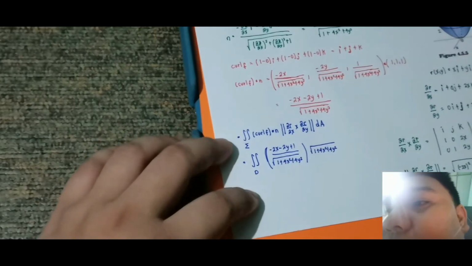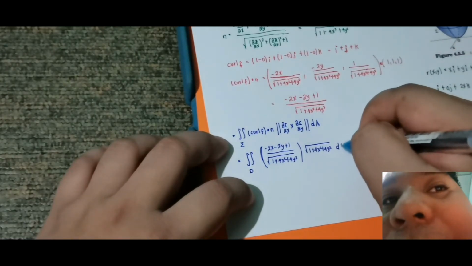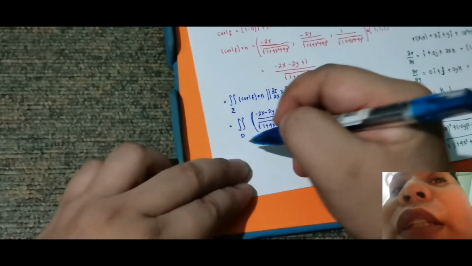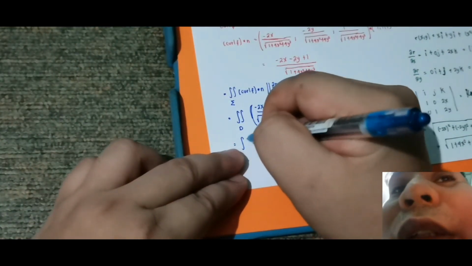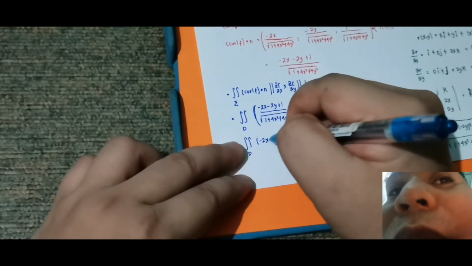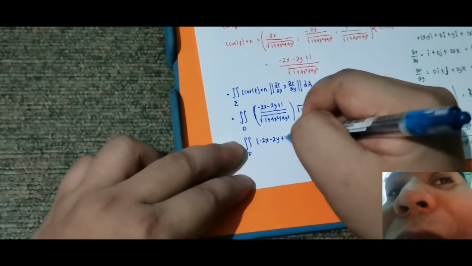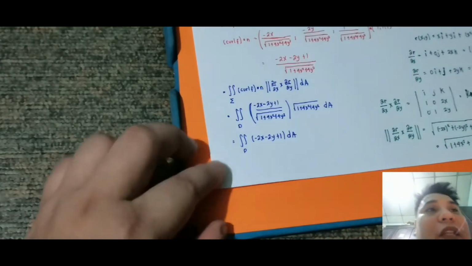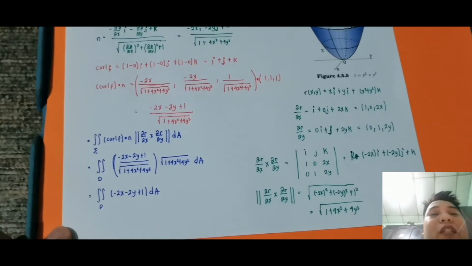Okay, then dA, ano yung gagawin natin? dA pa rin syempre. Okay, so obviously, cancel tong part na to. So, lumalabas na ito ay just equal lang sa the double integral on the region D ng negative 2x minus 2y plus 1 multiplied by dA. Okay, so again, dA pa lang yan. Hindi pa natin alam kung dx, dy yan.